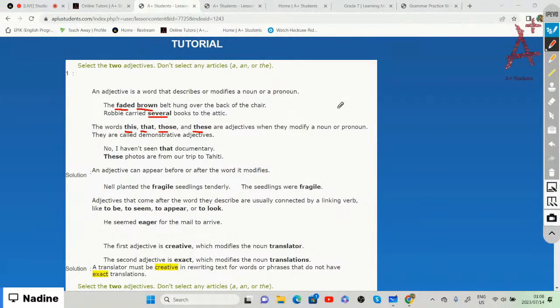And these adjectives that modify a noun or pronoun, we call them demonstrative adjectives. So demonstrative adjectives are adjectives that modify a noun or a pronoun, right? And the words that show demonstrative adjectives are this, that, those, and these.